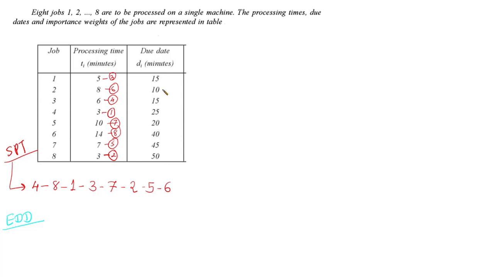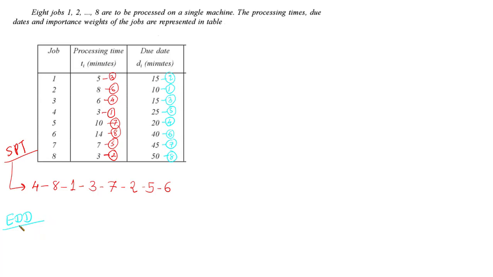So this is the minimum number, so this will be taken as first, then this will be second, this will be third, then fourth, fifth, sixth, seventh and eighth.